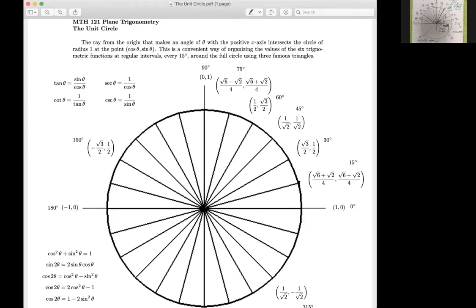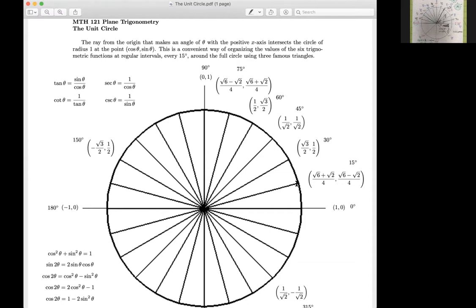And that works for 15 degrees and 75 degrees. Notice you compare 15 degrees and 75 degrees. When I talk about 15 degrees, then the y coordinate is shorter than the x coordinate. So that's why I have the plus sign between the root 6, root 2, and the minus sign between the root 6, root 2 for the y coordinate.